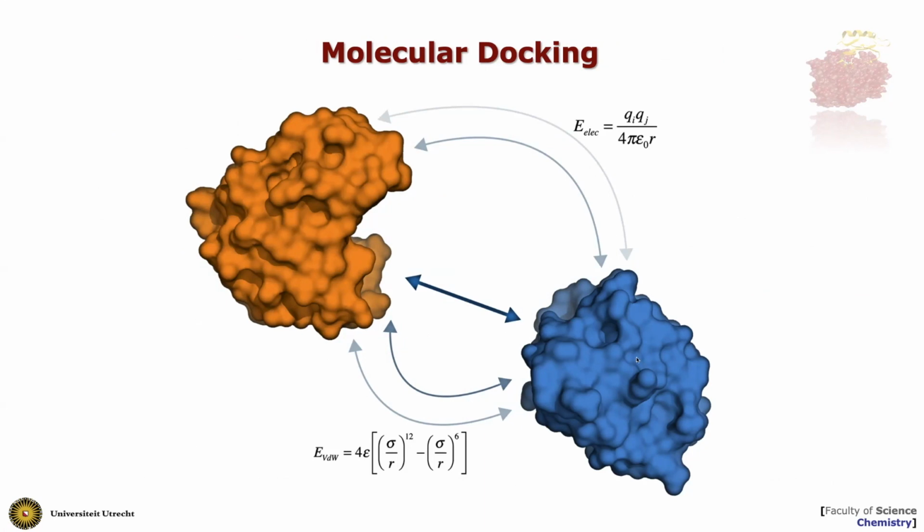Can we generate a 3D model of their complex, which requires sampling space, possibly trying all translations and rotations of those molecules, and measuring the quality of the model based on a number of geometric or energetic or statistical terms, machine learning even these days, where the shape complementarity will play a role, but also energetic terms like electrostatic energy, you see a Coulomb potential, and van der Waals interactions, you see a Lennard-Jones potential. So this is the game we are in.